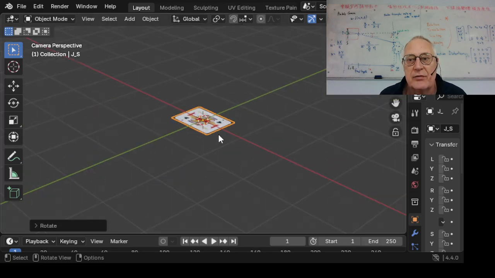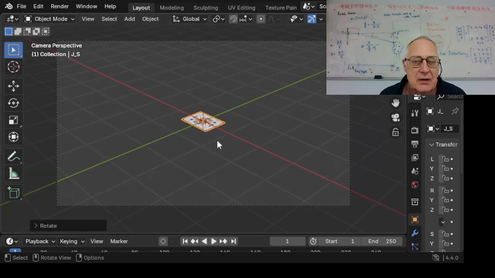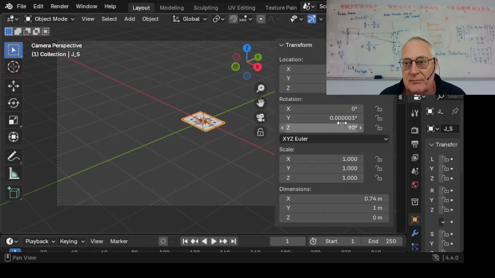Then this is what I can see from my camera. Now the camera is a little bit far away to be able to recognize that possibly. And then I can change the Z coordinate here. Move it 1 millimeter up.